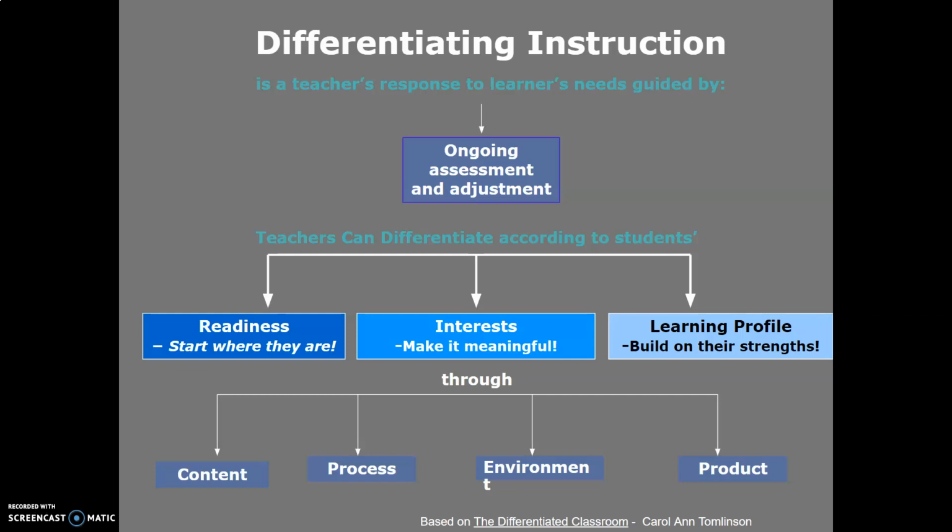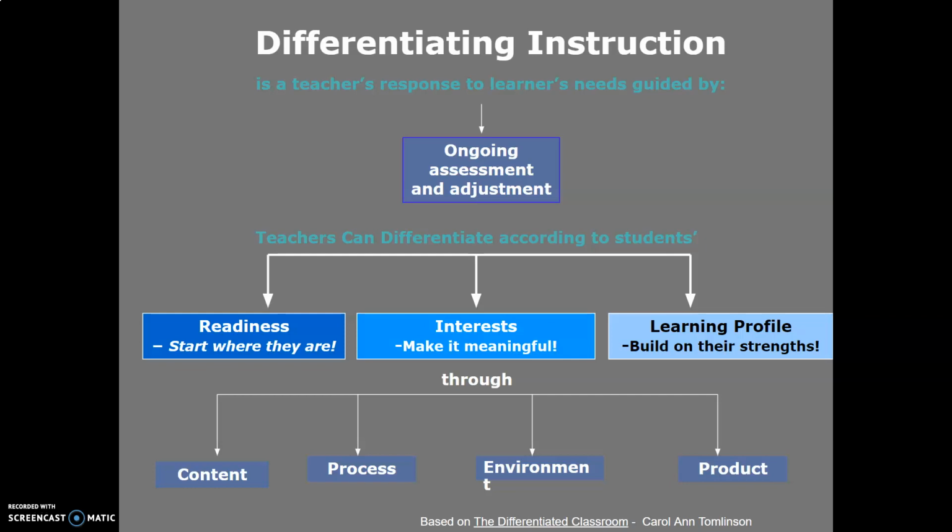So I want you to take a look at this chart. The key here is a teacher's response to learning needs guided by ongoing assessment and adjustment. And then teachers can differentiate according to students' readiness, start where they are, interests, make it meaningful.